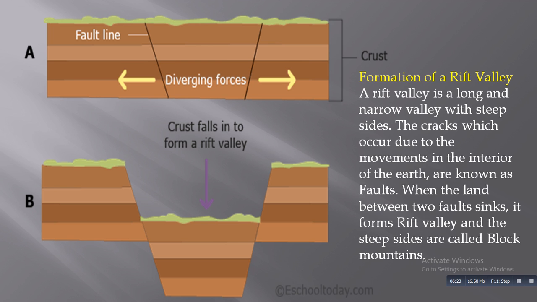When the land between two faults sinks, it forms a Rift Valley. The downward portion is called the Rift Valley, and the upward portions are called the Block Mountain. So this is about Rift Valleys.